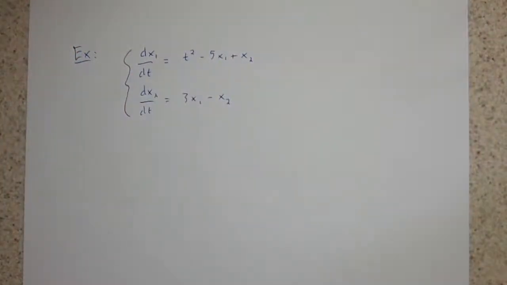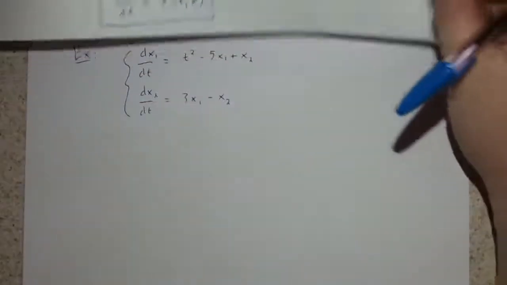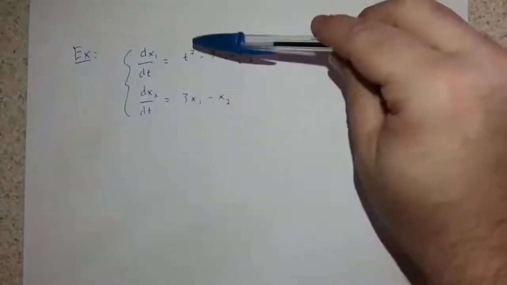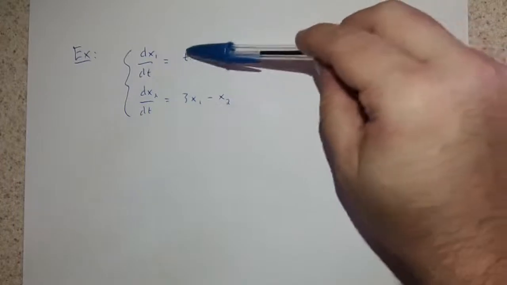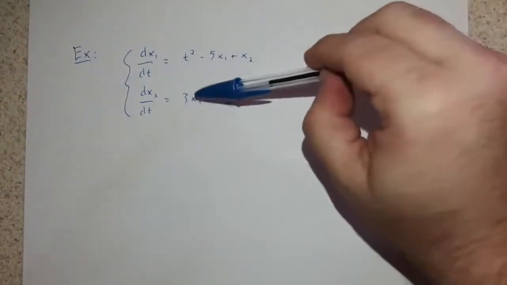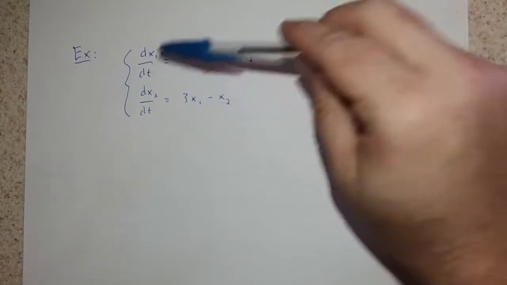Okay. So then notice the f vector would just be the vector that contains the right-hand side. The first entry would be t squared minus 5x1 plus x2. The second would be 3x1 minus x2.